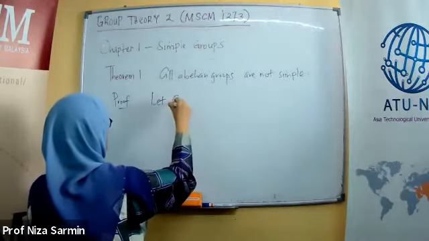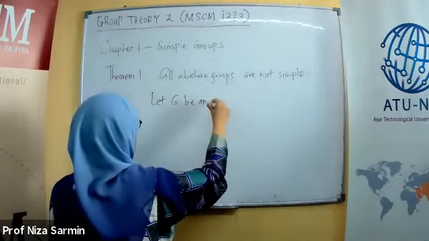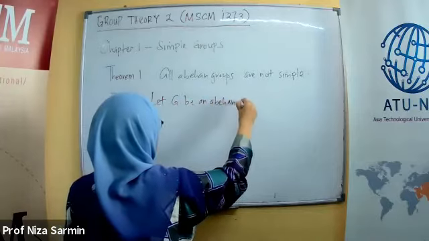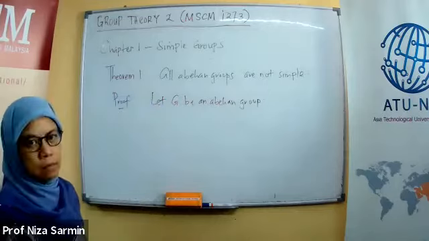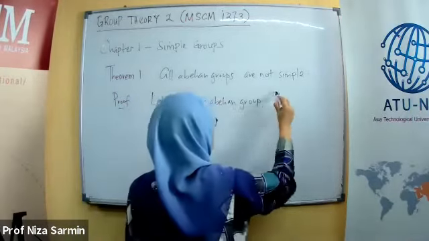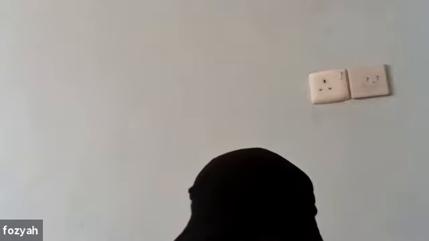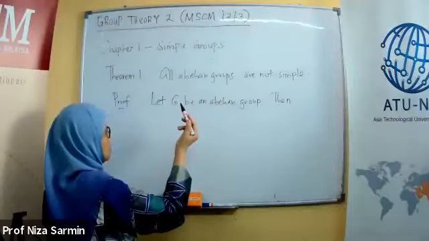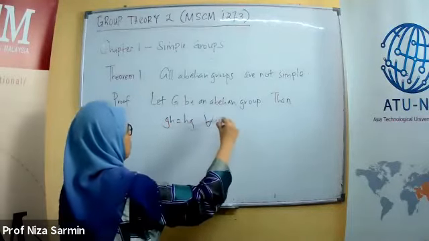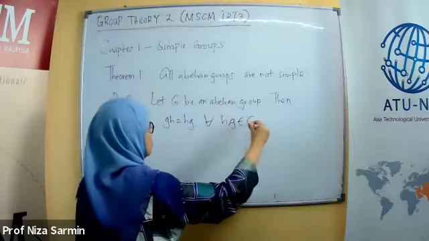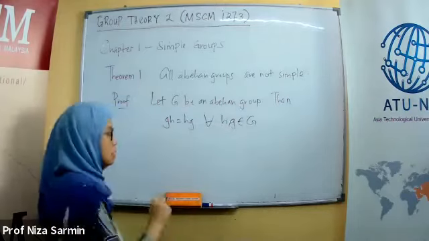Let G be an abelian group. Abelian group means what? gh is hg for all h, g in G. Right? So normal.